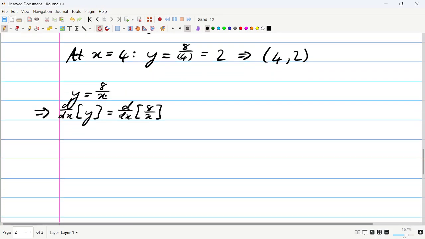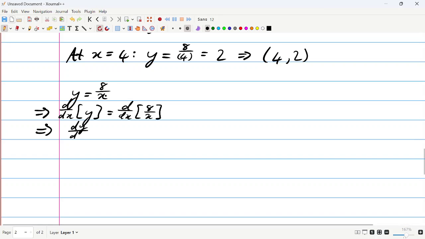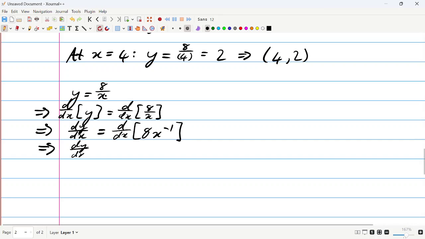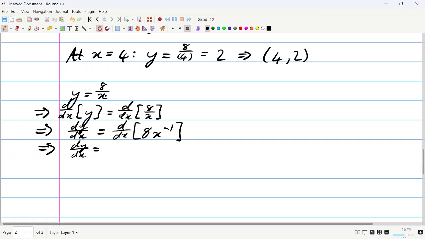Remember what I said in the other video, or I'm going to show you now, we can only use the power rule when we have an exponent and we don't have a variable in the denominator. So we can rewrite 8 over x as 8 times x to the power of negative 1, in negative exponent form, using exponent rules.